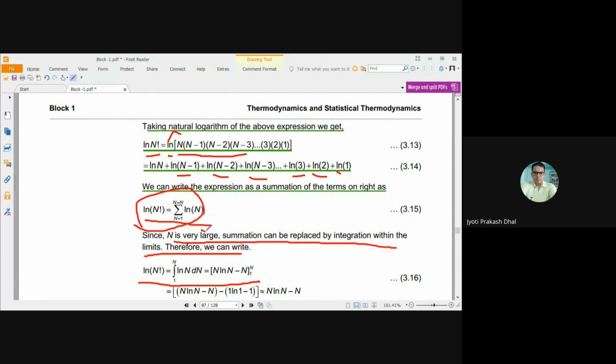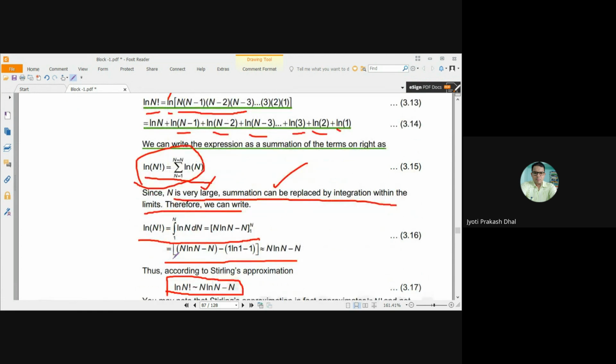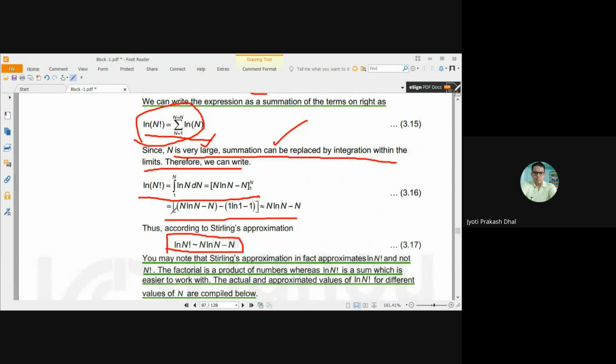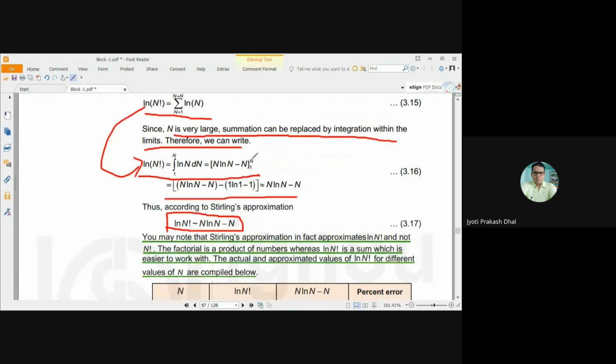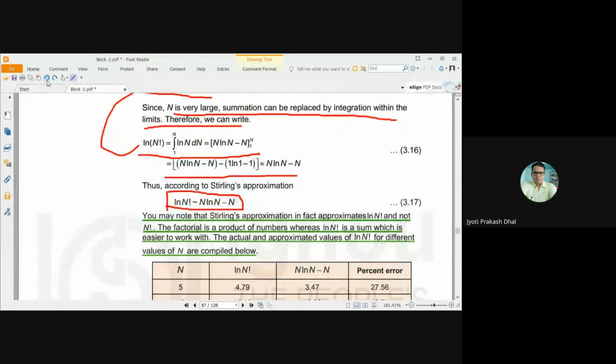Since n is very large, the summation can be replaced by integration within the limits. Therefore, we can write ln n factorial equals the integration of ln n dn, which equals n ln n minus n, with limits from 1 to n.